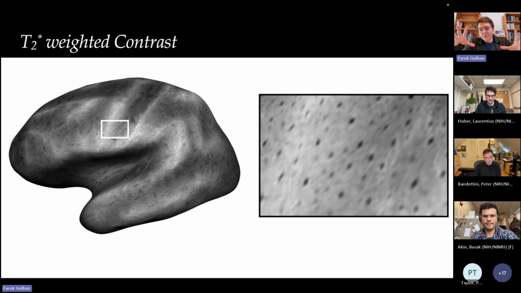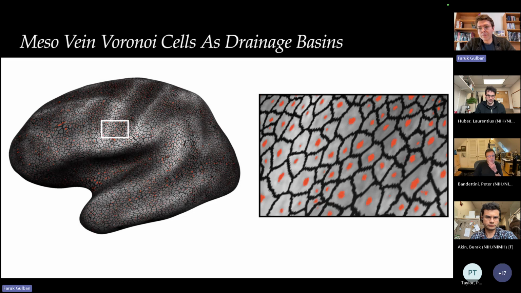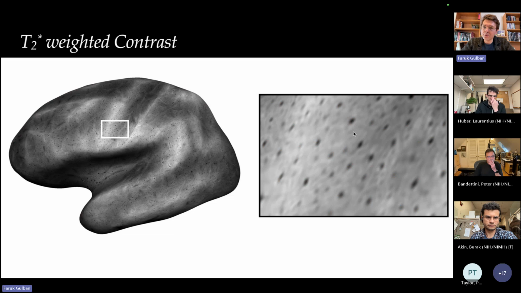Okay, so once I saw these veins, I started thinking about how we can start quantifying them. One way is the following. We have the inflated cortex, so I can do a bit of signal detection, basically detecting those dark spots as red areas.